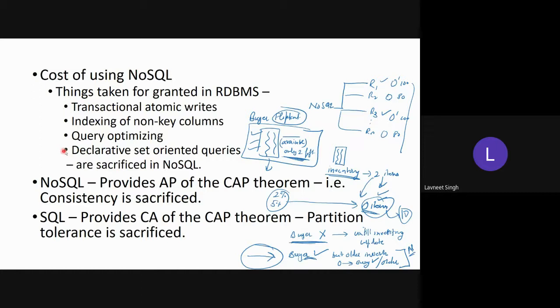But despite all these deficiencies, many scenarios fall in this category where I do want to let the data flow to the users, even though it may not be consistent, right? So, very important thing.